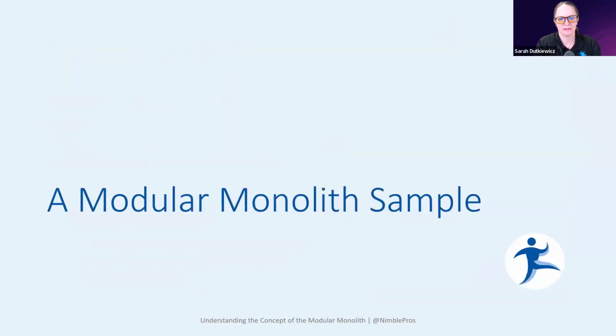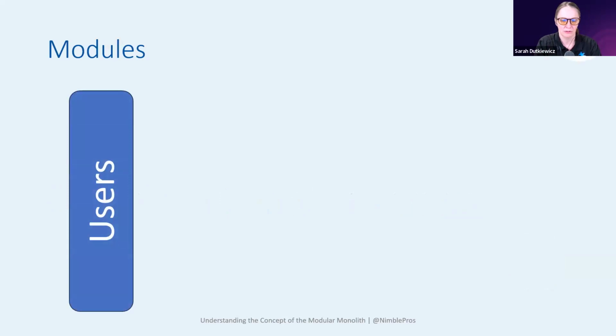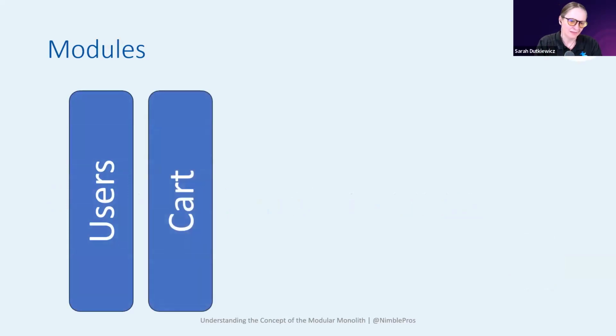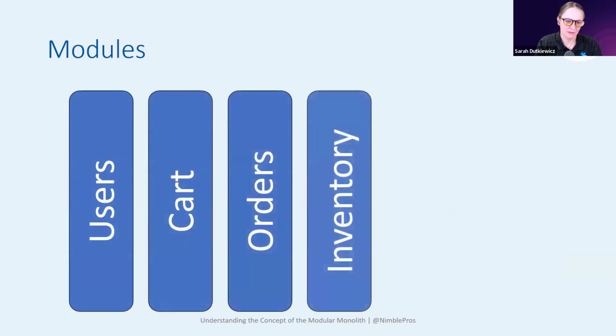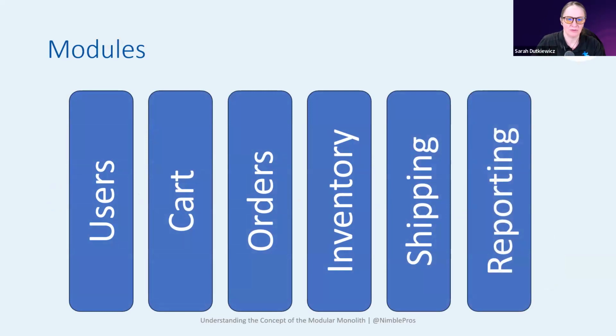Now, let's talk about this modular monolith in terms of what does it look like with modules? What does it look like with organization? Things like that. So with the modules, again, using an e-commerce example very similar to eShop on containers, these are the different modules that we see here.